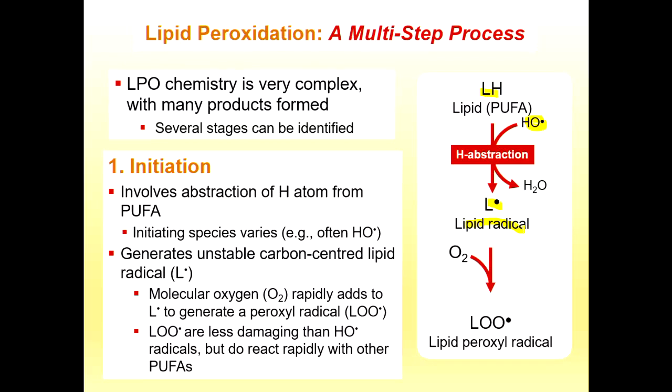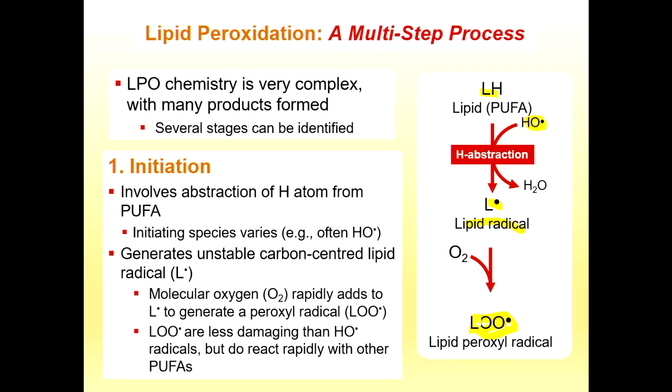And these carbon-centered radicals, because this free radical is on a carbon atom, are very unstable chemically, and they rapidly react with oxygen to form what we call a peroxyl radical, or lipid peroxyl radical.